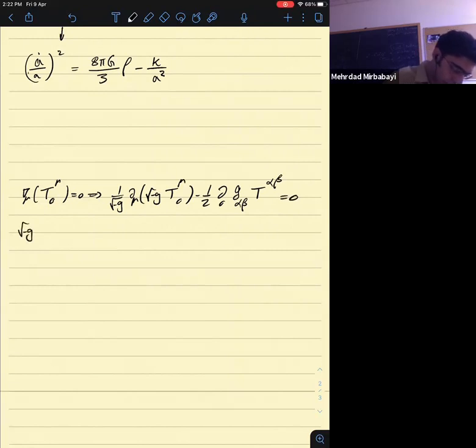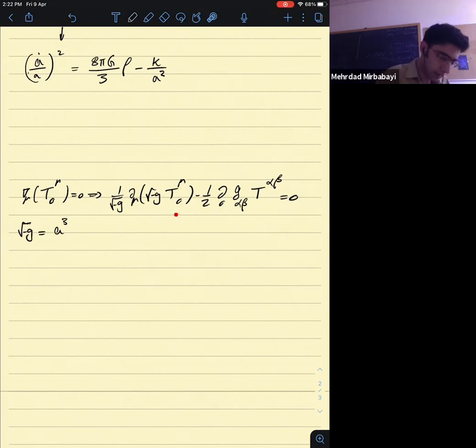Now we know that the square root of minus g is a cubed for this space-time. Well, this is correct only if I am in the k equals 0 case. There would be an additional piece if I'm in the k equals plus 1 or minus 1 case, but that wouldn't be time dependent.